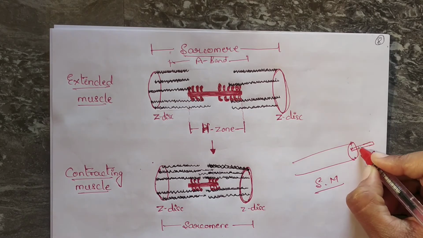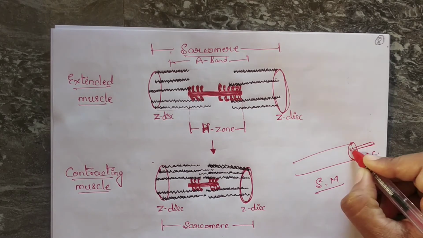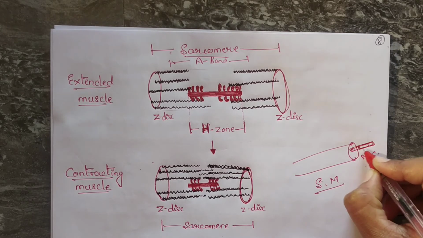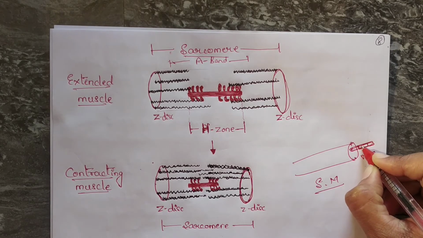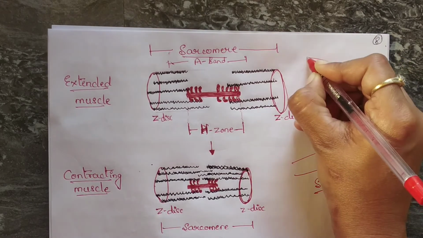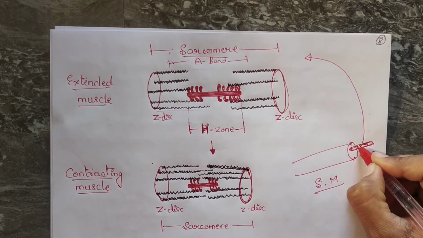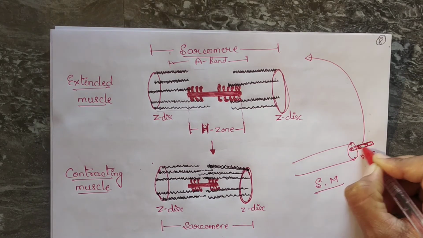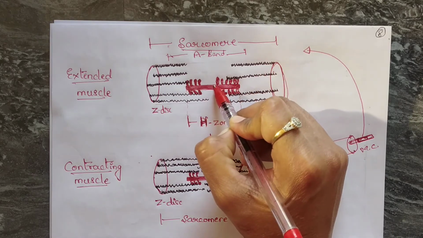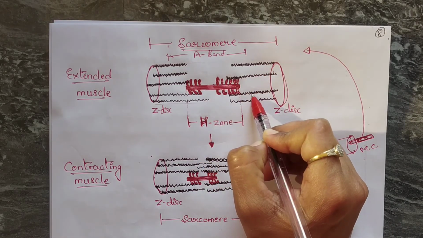Muscle fiber contains the myofibril, which contains the sarcomere. Here we are going to see the thicker filaments and thinner filaments, which are located in the basic unit, that is the sarcomere. This is the thicker filament and this is the thinner filament.